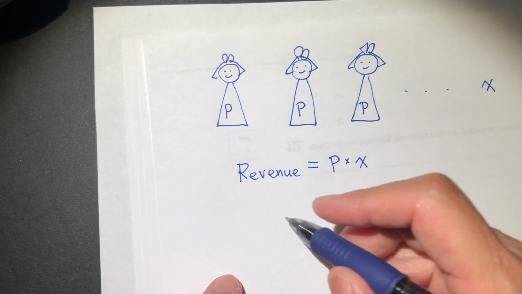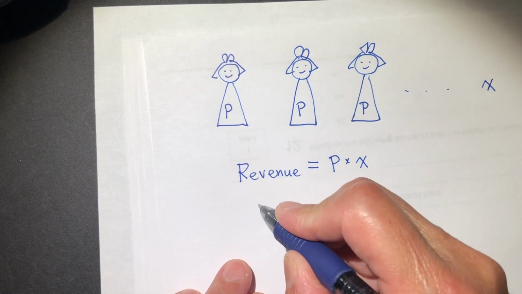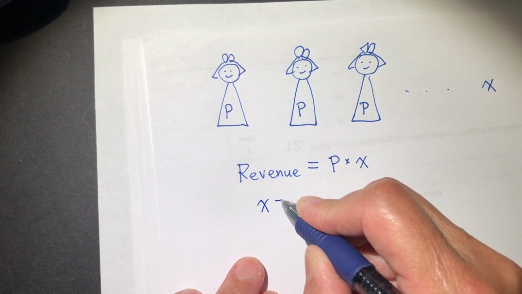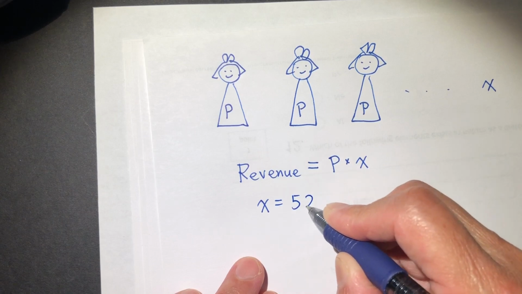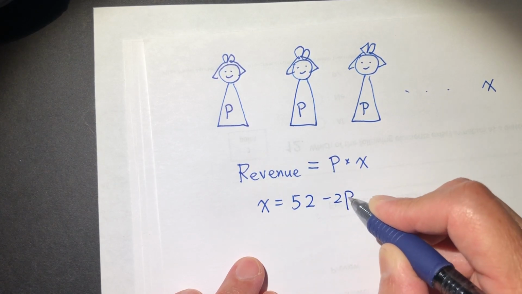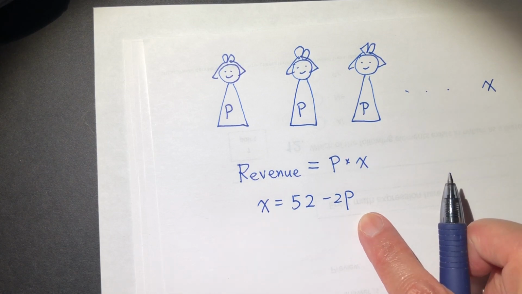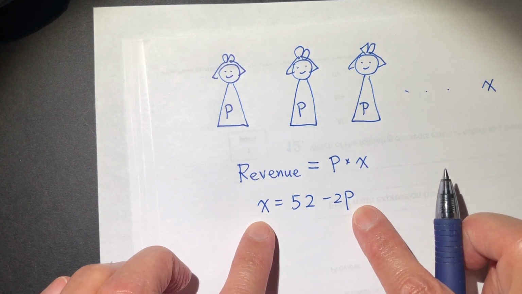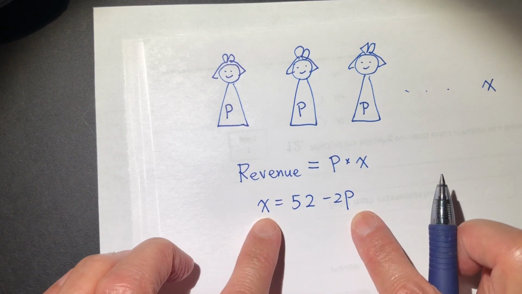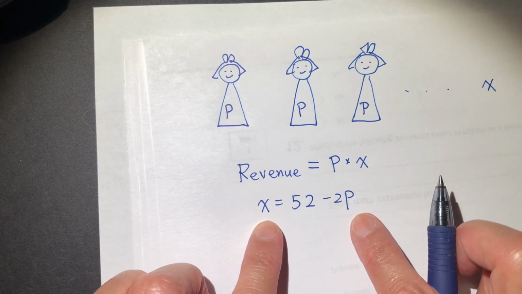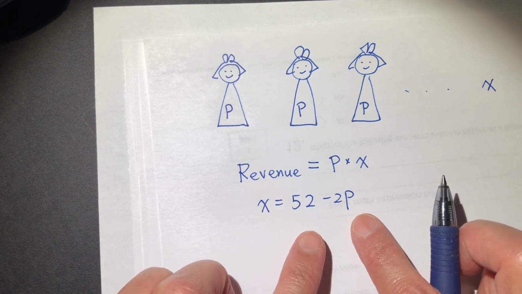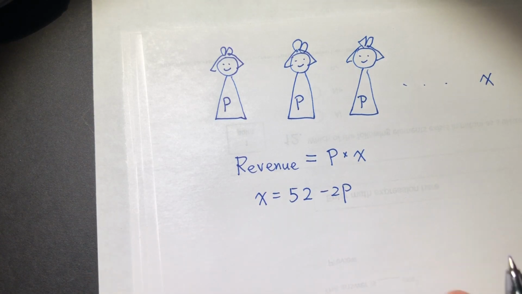And there is a relation given to us: X equals 52 minus 2P. I have thought about it, and I do not seem to understand. There must be a reason this exists, but let's just use it and not spend time figuring out why. Okay.